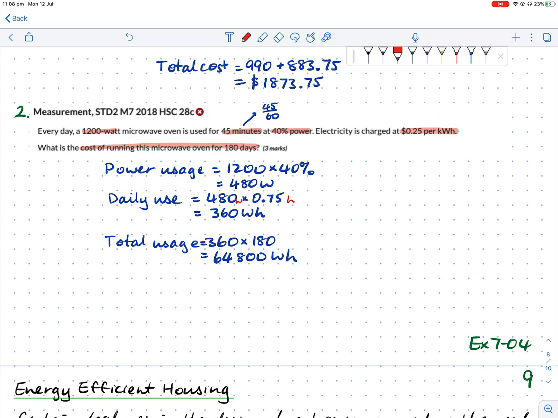So we need to divide this by 1,000 to get the kilowatt hours before we can multiply things together. That's 64.8 kilowatt hours, and then we can work out the total cost. The total cost is 64.8 times 0.25, and that's going to equate to $16.20.